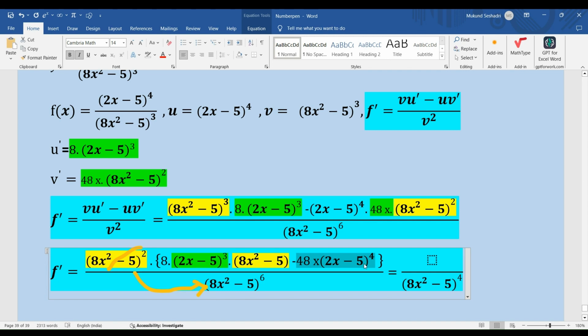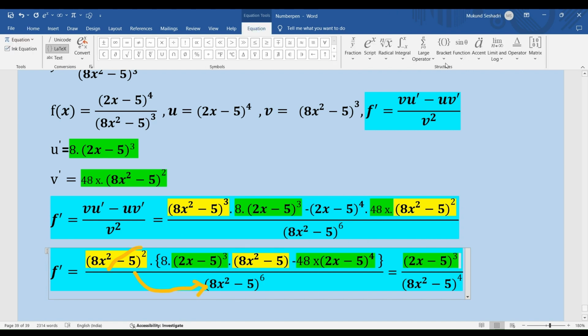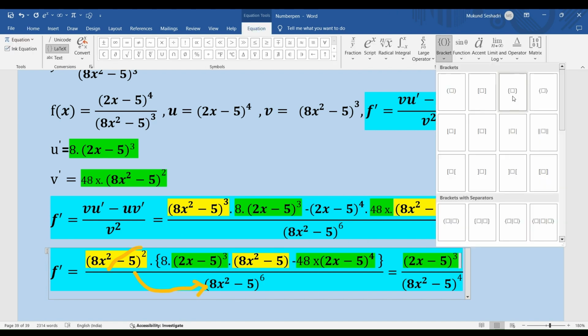Again, I notice that I have a common factor. What is my common factor? My common factor is (2x − 5) the whole cube, right? So I pull out that. So let me pull out (2x − 5) the whole cube, right? And then I'll open my curly bracket to represent the remaining terms inside the bracket.